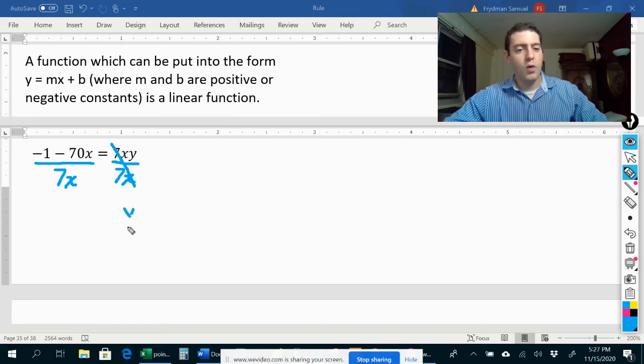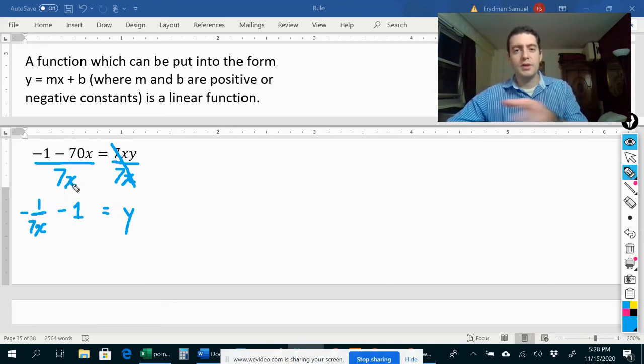So over here, I have y equals, on this side, I would get -1 over 7x, minus, and then 70x divided by 7x would be 1. Again, assuming that x is not 0, and then I would get 0 over 0, and that would be all sorts of problems. But over here also, assuming that x is not 0, let's just ignore that. And when we divide both sides by 7x, we get -1 over 7x minus 1 is equal to y.